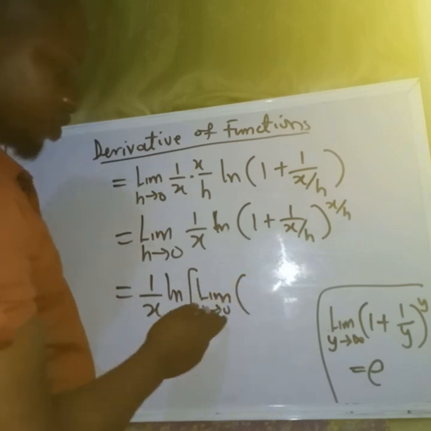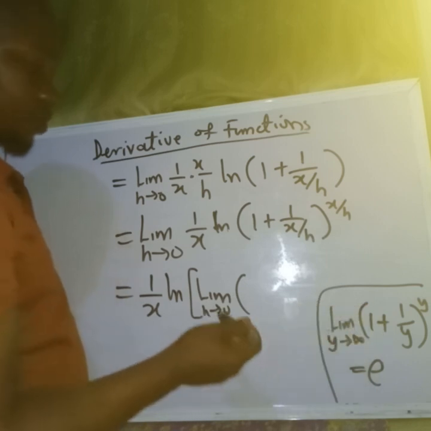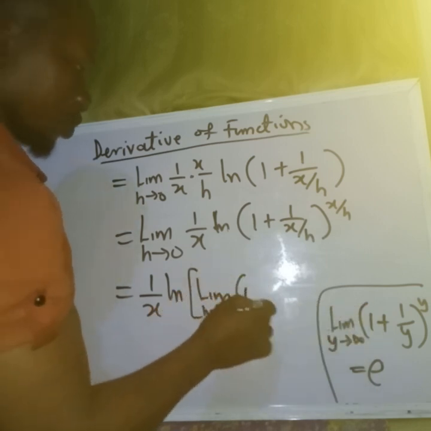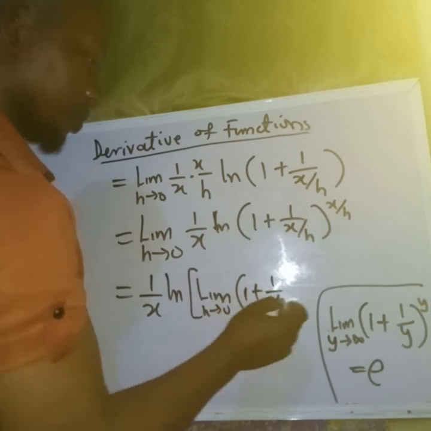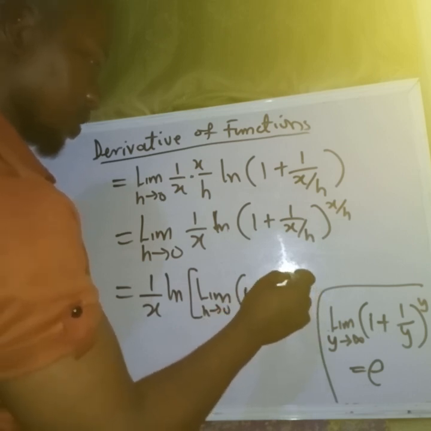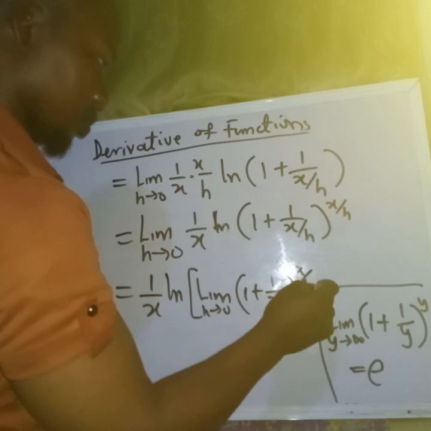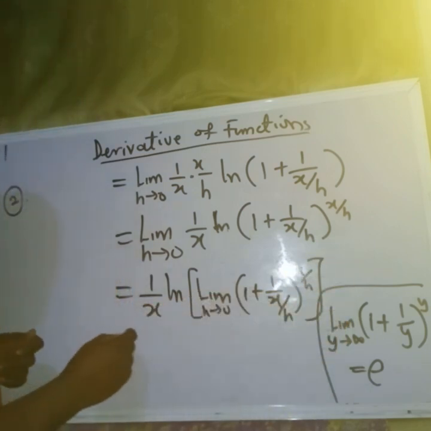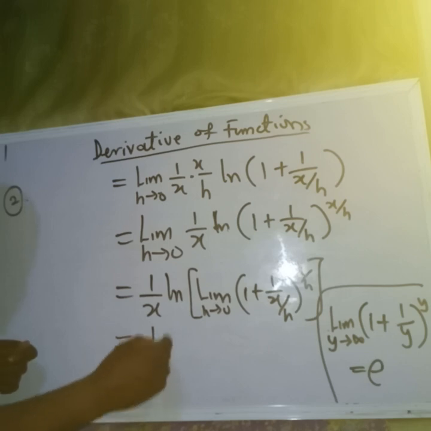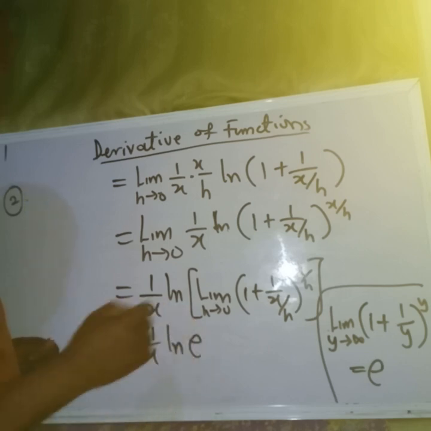If you do a change of variable, this is what it becomes. Since we already know what we want from here, we'll just apply the limit to this directly. So this is equal to 1 by x ln exponential.